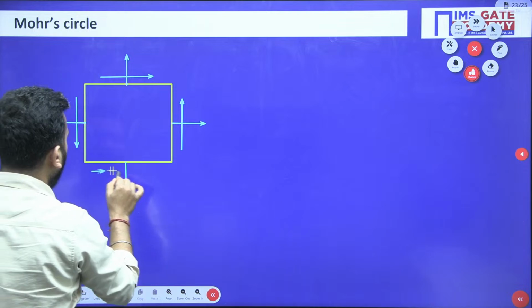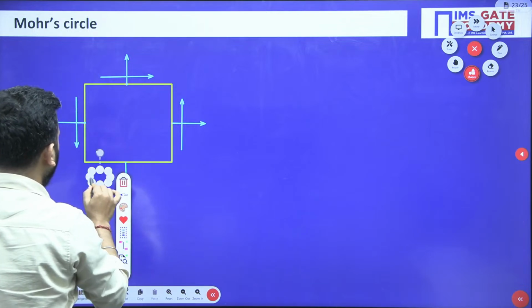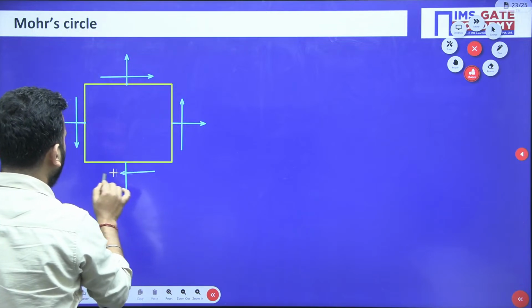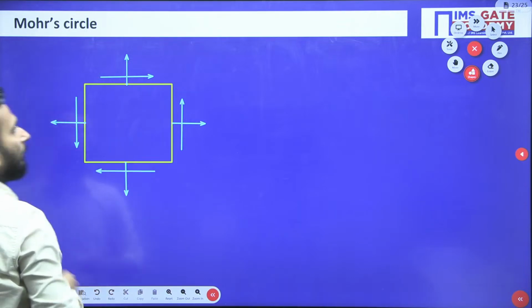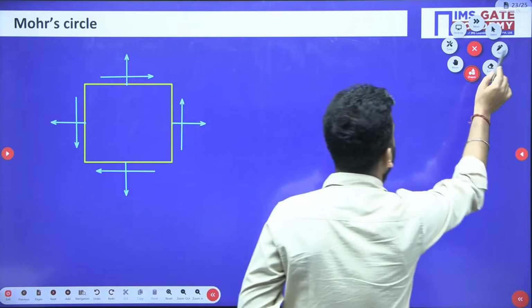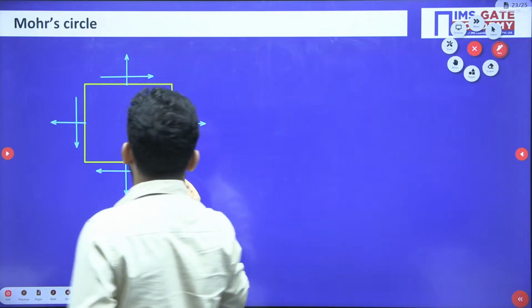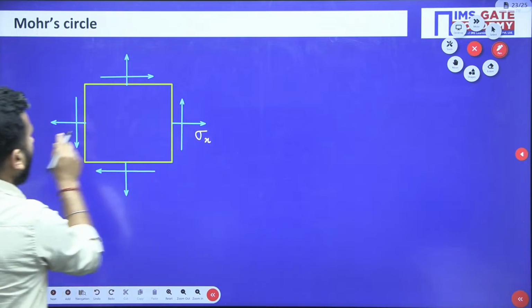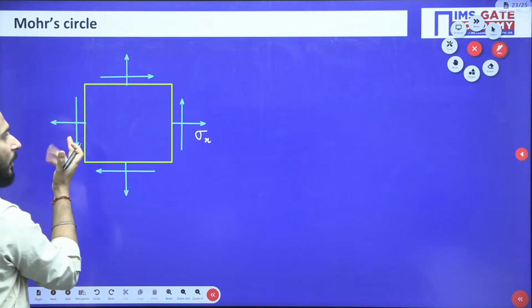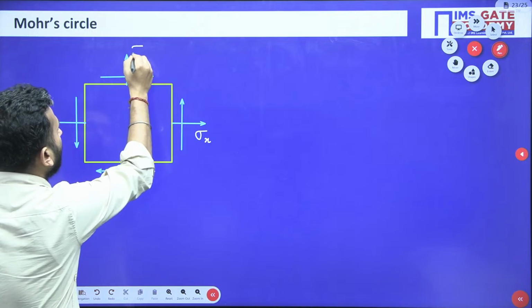And I have told you already that there are a total of 3 independent stresses. So for example, this is your sigma x. I need not represent this stress because I already know that it is sigma x. This is your sigma y.